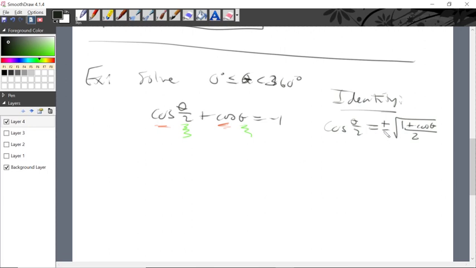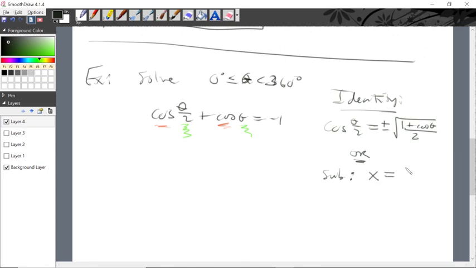So we can do this substitution, and it will get this in terms of just cosine theta. The other option that we have is to do a substitution, choosing another variable. I'll choose the variable x because it hasn't been used here.